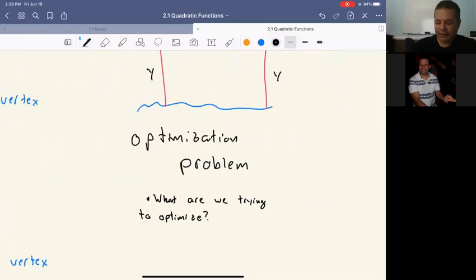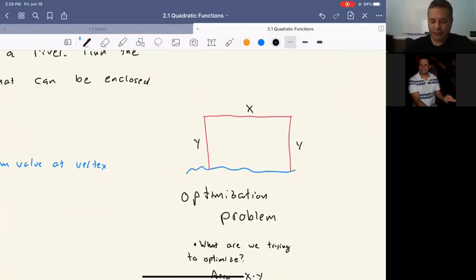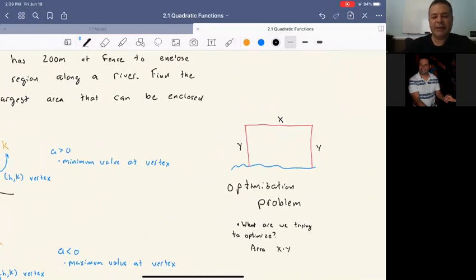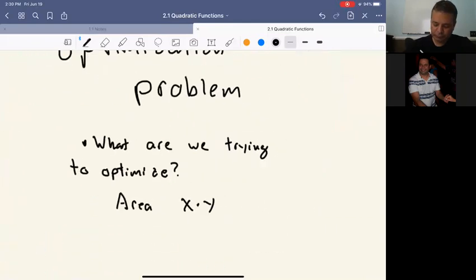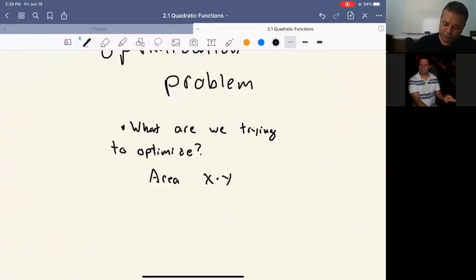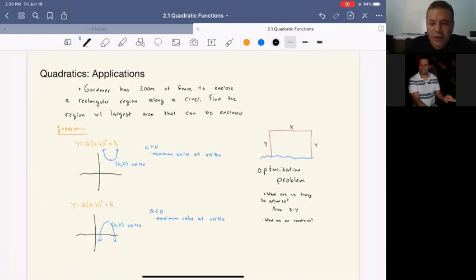What we're trying to optimize here is the area, which is x times y. The second thing that we have to ask ourselves is, what are our constraints?